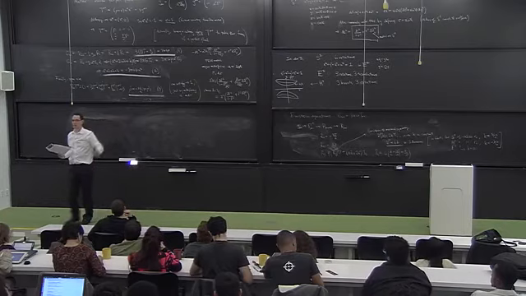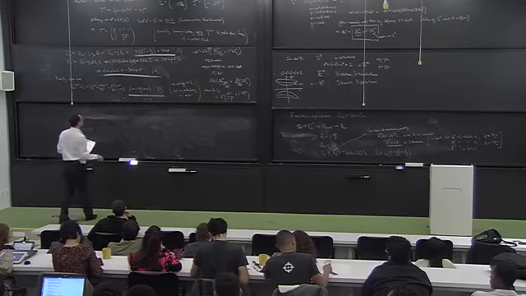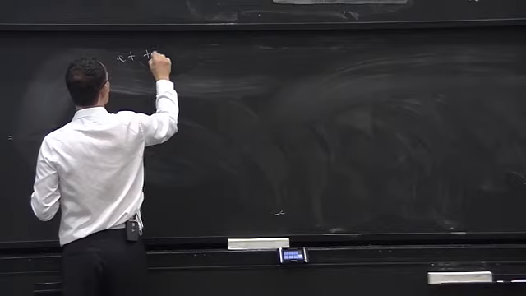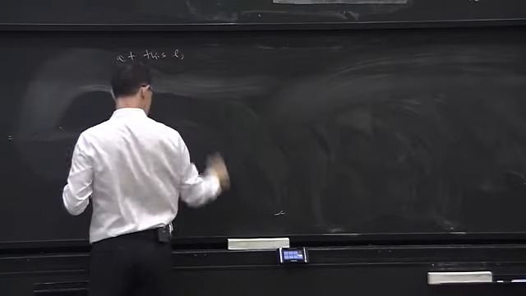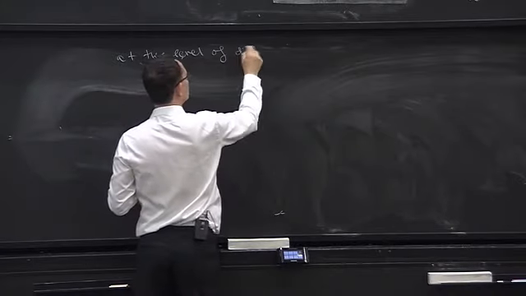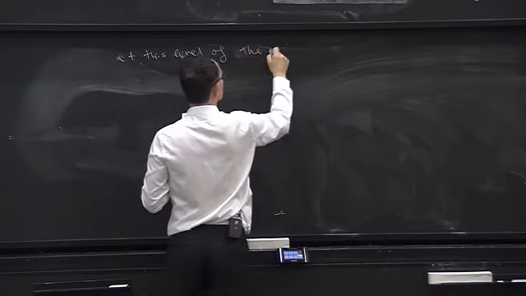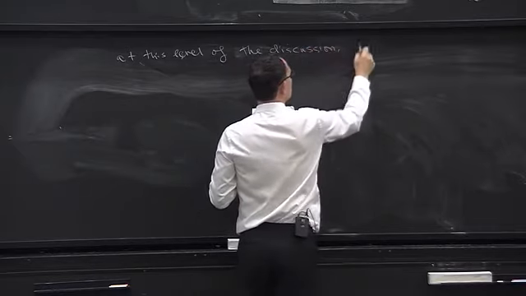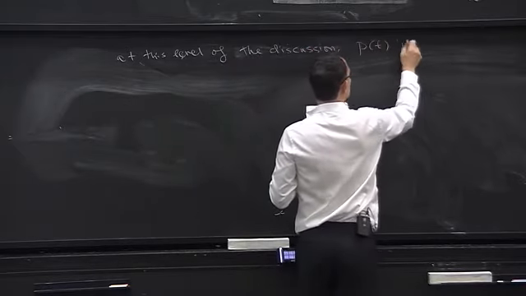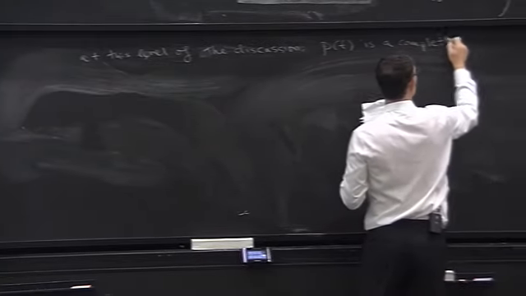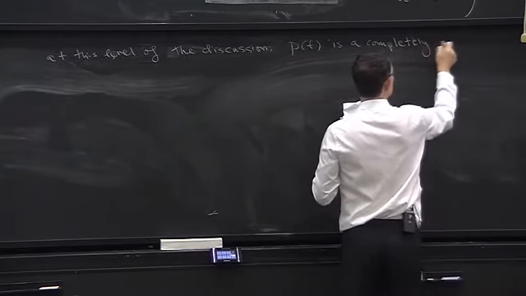There's no equation for P dot, right? So at this level of the discussion, P of t is a completely arbitrary function.